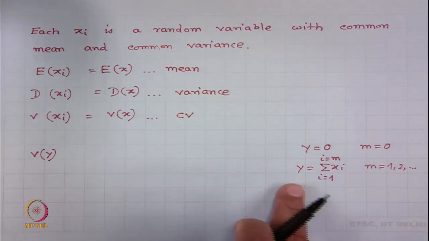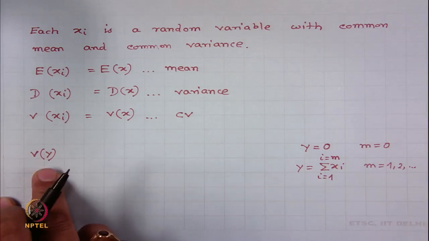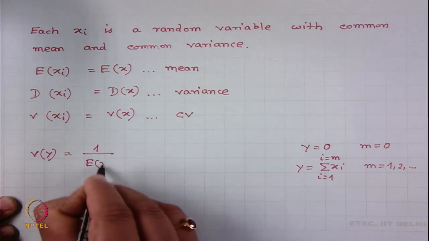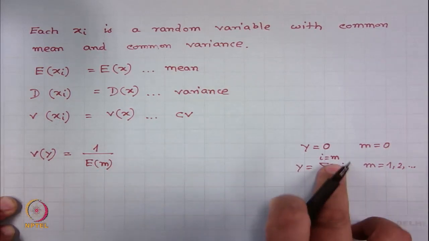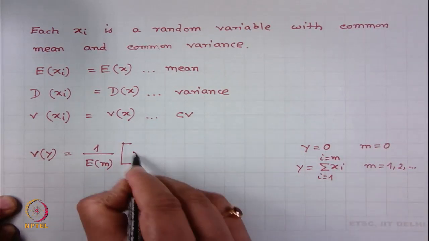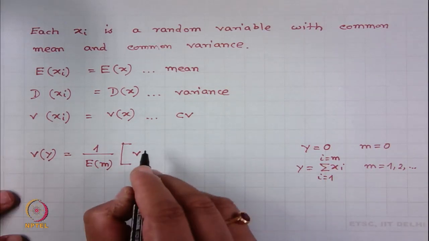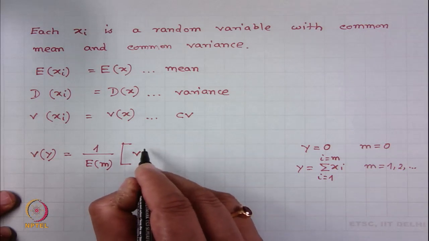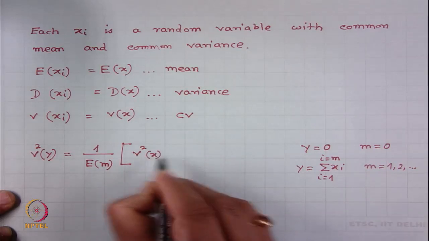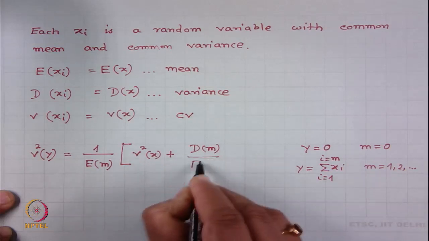If such is the definition of a random variable, then the variance of y can be written as follows: expectation of m times variance of x, which is the square of CV of x, plus variance of m by expectation of m.